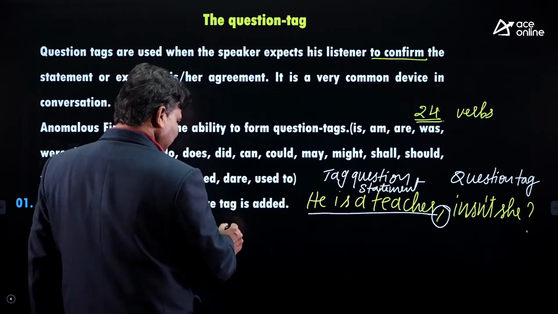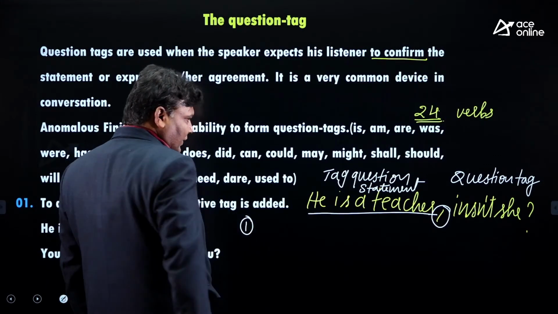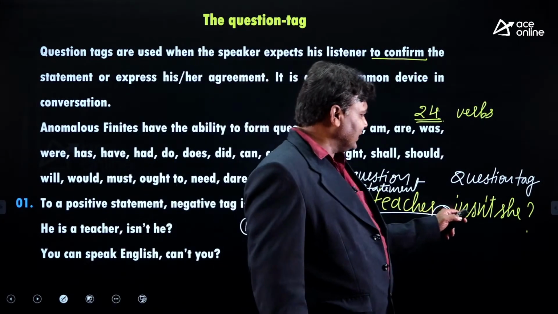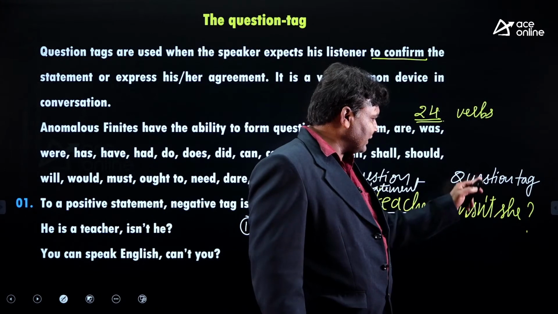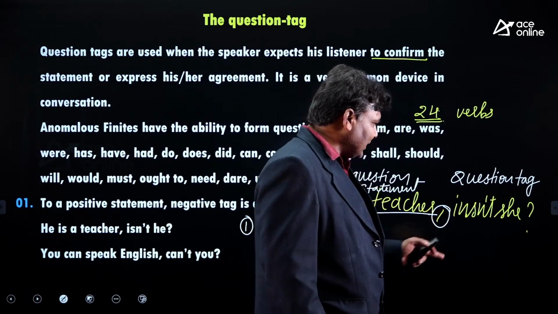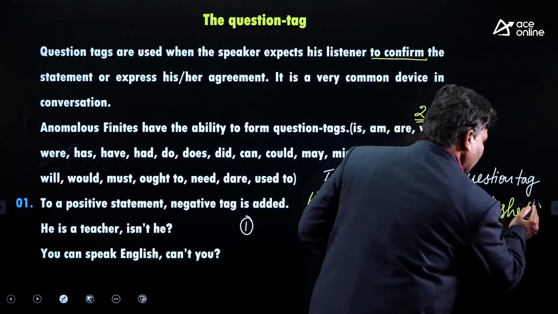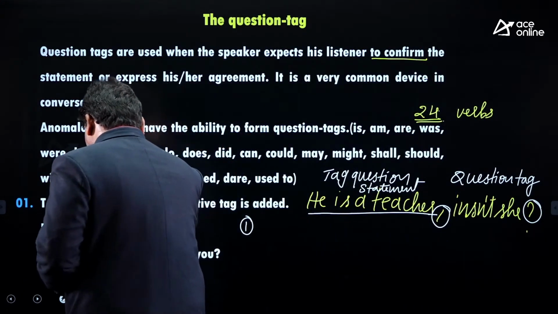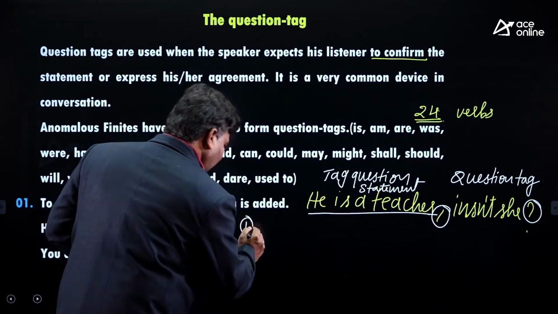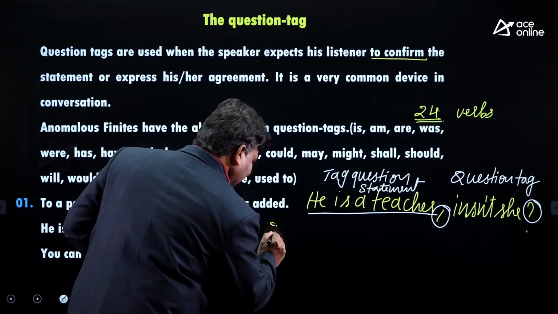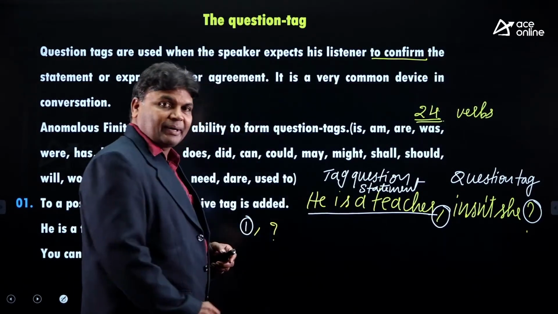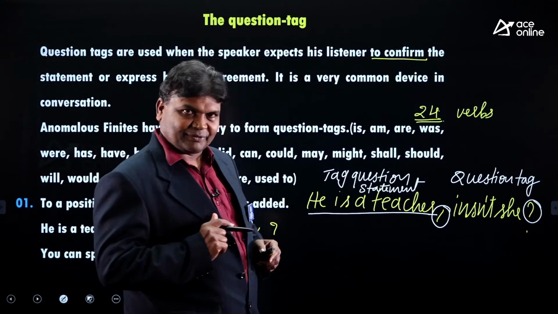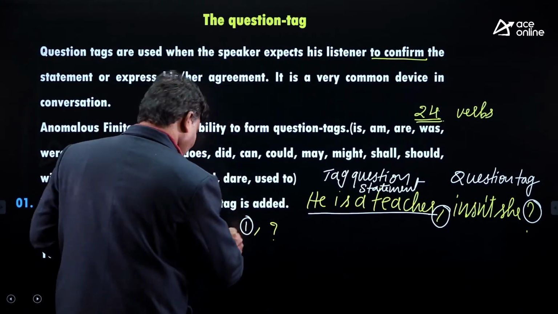Number 1 point: with the question tag, there is a comma, and it ends with a question mark. The first thing is to see whether it is introduced by a comma and ended with a question mark. That is what we have to identify. Okay, that's one. Number 2, students.